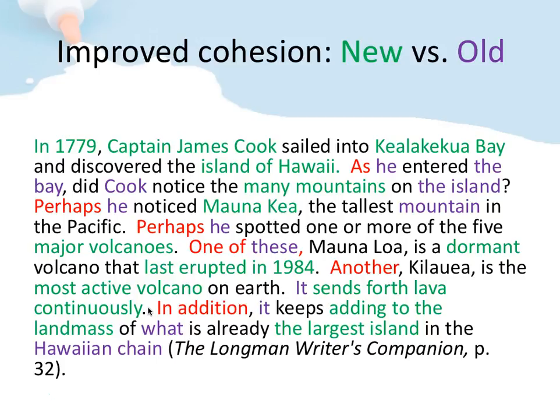We can also highlight words like as, perhaps, one of, and another. These are explicit linking words to show how the idea is either a repeated idea, this perhaps, or it is another, or in addition. It's moving the conversation forward by listing.